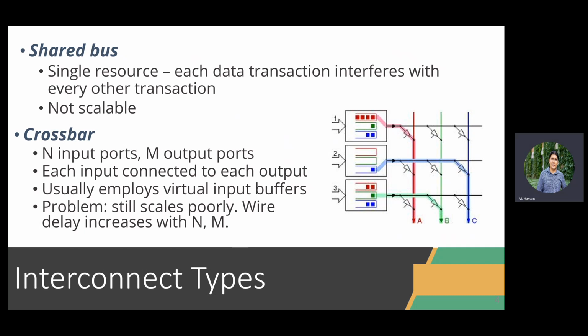The problem is if I have so many inputs and outputs, a very large system, this is as if you have a dedicated bus for each. It's a point-to-point connection. So there's a lot of hardware overhead. For that reason, even if it scales better than a shared bus, it's not generally scalable, not because of latency or bandwidth limit similar to the bus, but instead because of the hardware cost.